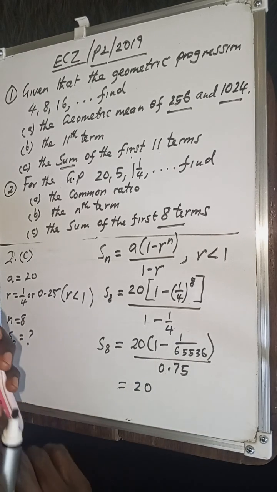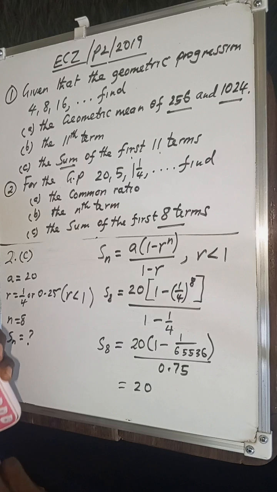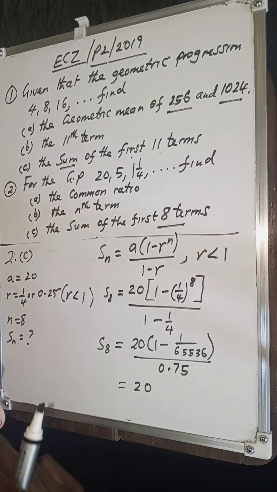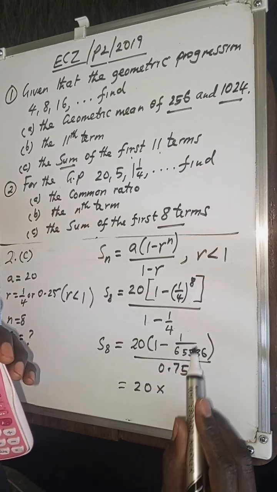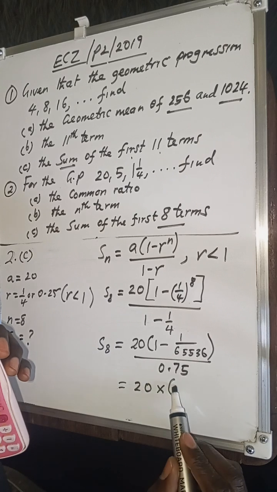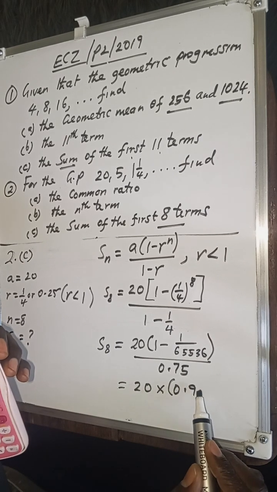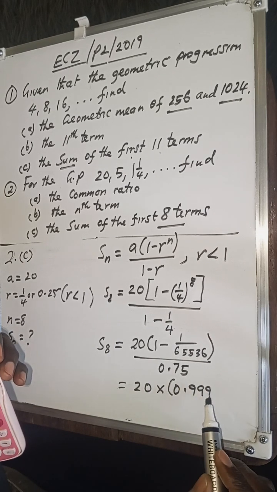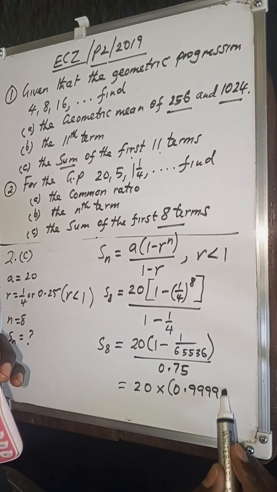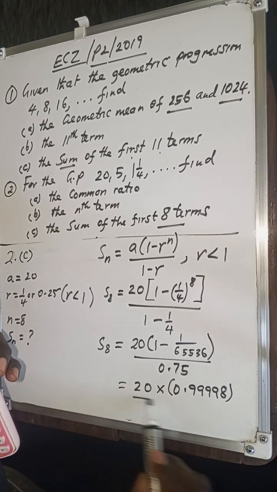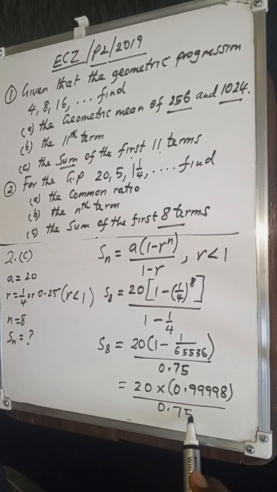So it will be 1 minus that. So 1 minus 1 over 65,536. So that's what you do. When I work out this one there, it is simply giving me 0.99998, over 0.75.